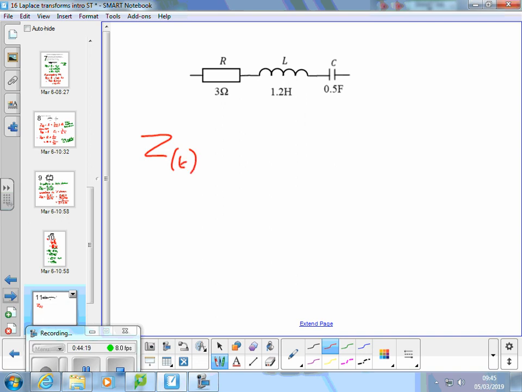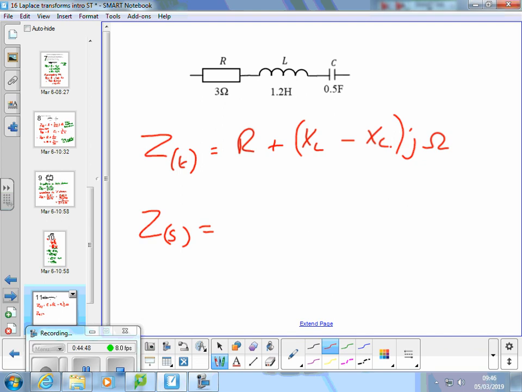Z in the time domain is R plus XL... What I don't want is that minus sign to confuse you, because it isn't minus 1 over CS.